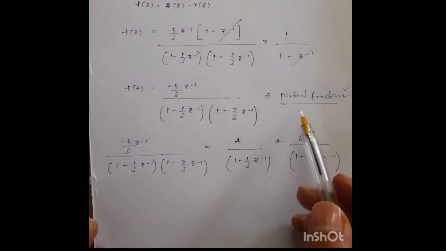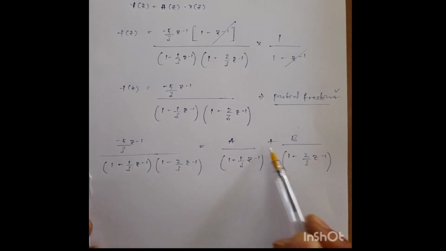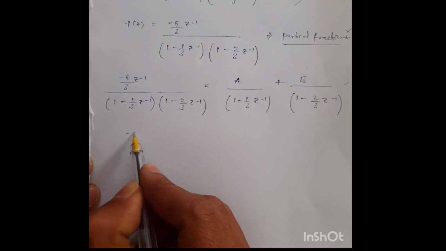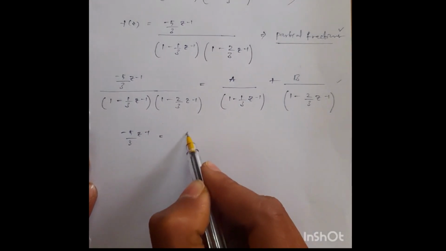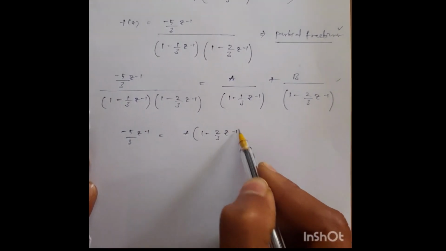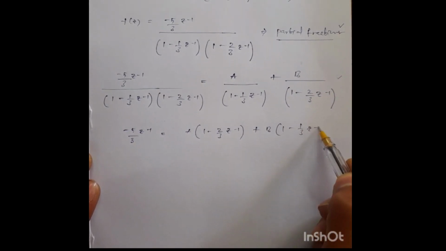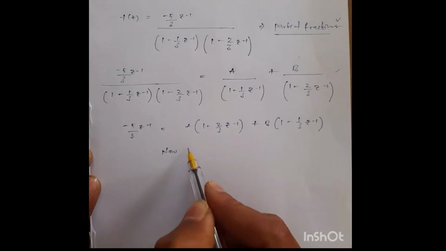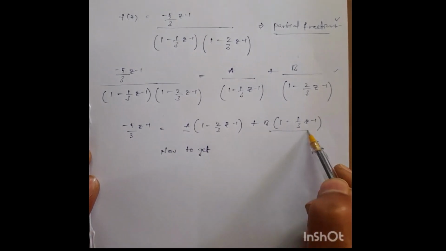So the partial fraction of this can be written as a by 1 minus 1 by 3 into z inverse plus b by 1 minus 2 by 3 into z inverse. Now in further that can be written minus 5 by 3 into z inverse equal to a into 1 minus 2 by 3 into z inverse plus b into 1 minus 1 by 3 into z inverse. So now to get the a value, we have to make b as 0.